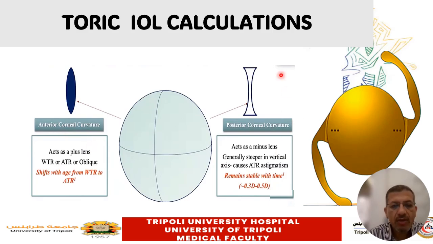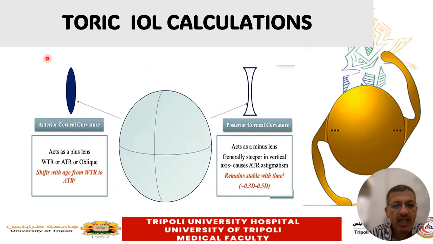However, when you look at the posterior surface of the cornea, it acts as a negative lens or a negative meniscus, and usually its power ranges between minus 0.3 to minus 0.5. Usually this is the common average, and it does not change with age. Usually it always remains against-the-rule astigmatism.